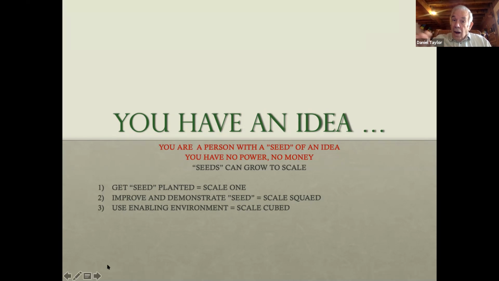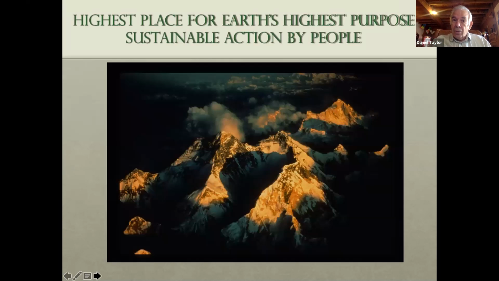So a person from another country with no money took an idea in scale one, scale squared, scale cubed. And the idea was extraordinary. The highest mountain, Mount Everest, for the highest purpose that people have in the future, which is sustainable living on Earth. It's an extreme idea.